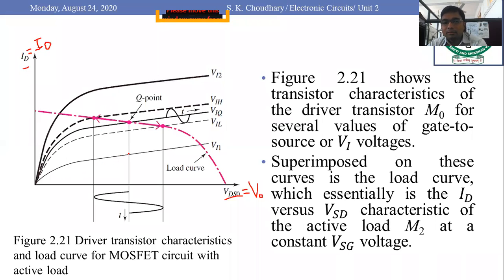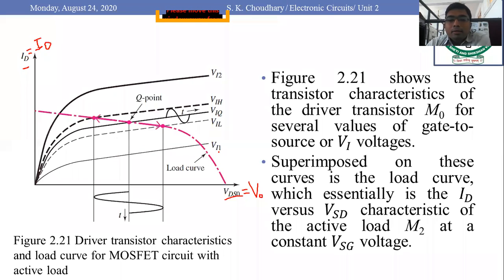That's why different curves are plotted corresponding to each value of input voltage. So as you increase the input voltage, as per the characteristics of the MOSFET, your drain current increases. That's why the curve is shifted upward.